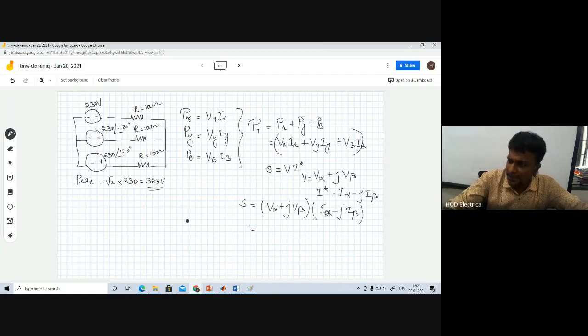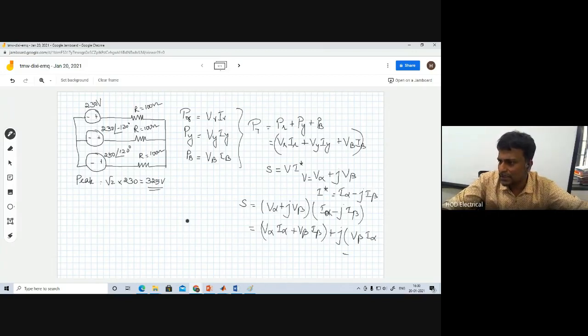Finally we can segregate the real and reactive components: V alpha into I alpha plus V beta into I beta is our real component, plus the reactive component j into (V beta into I alpha minus V alpha into I beta). So this is our real power and this is our reactive power.